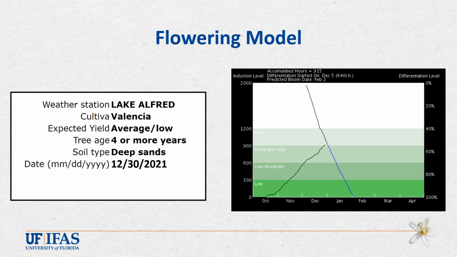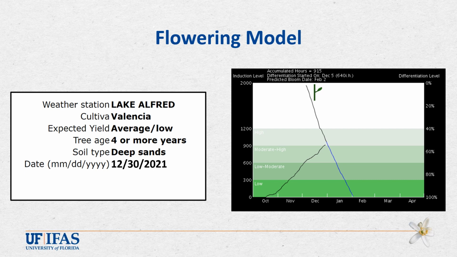You'll also see a whole new line has been added to our graph, and that differentiation and bloom dates have been added to the top of our graph. This is where the axis on the right-hand side comes into play. This axis monitors the degree of differentiation, or maybe put more simply, the degree of flower opening. The top of the line represents 0% differentiation, or the initial transition from induction to differentiation.